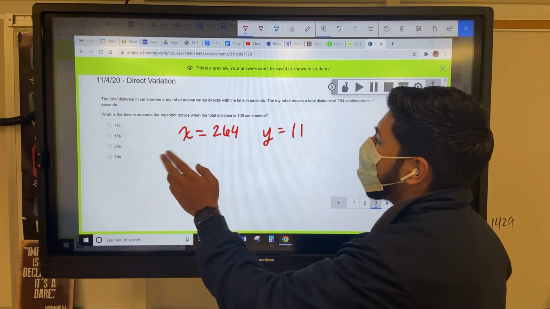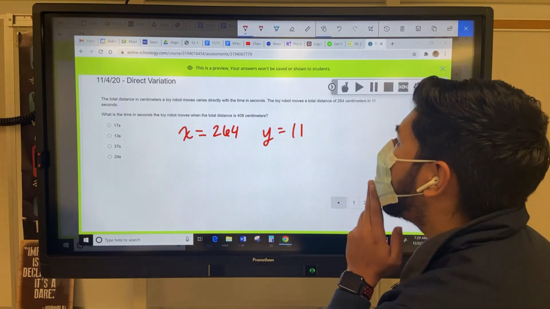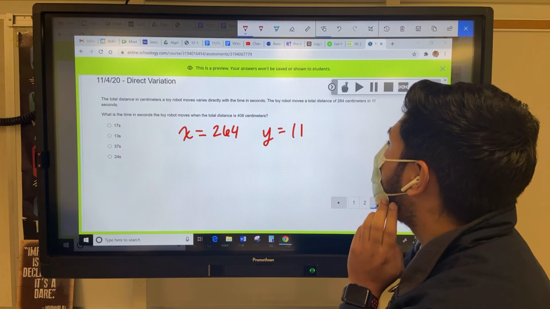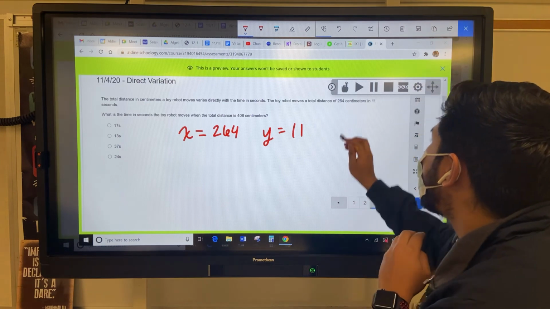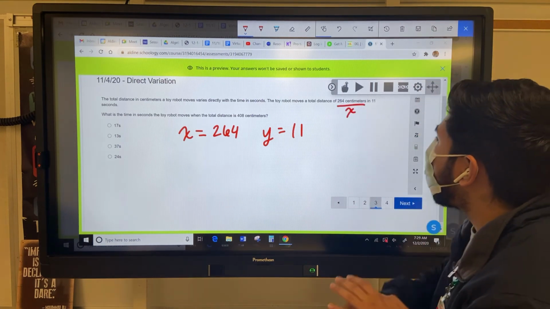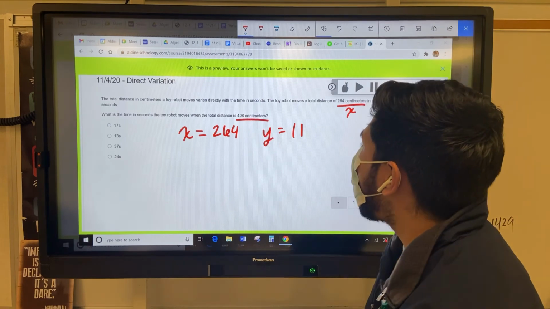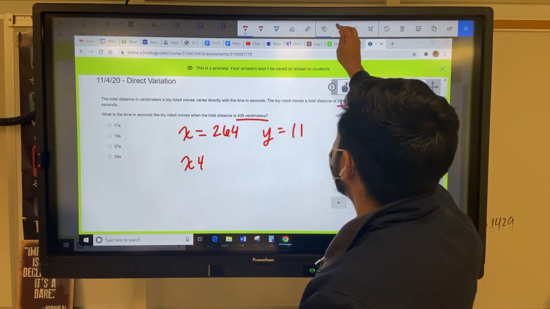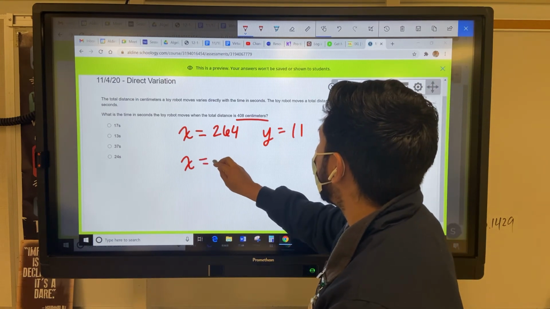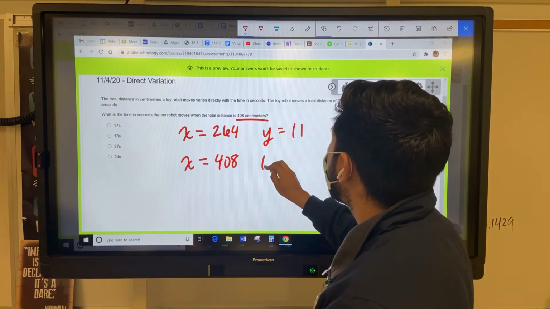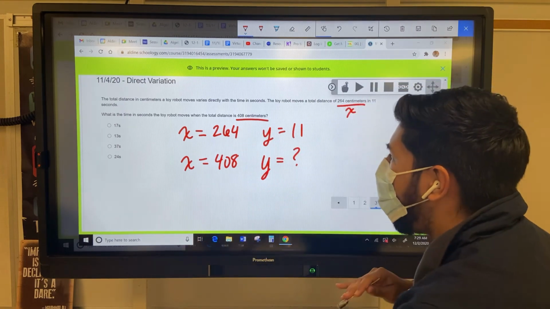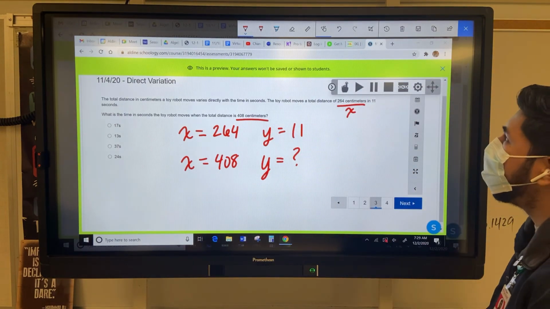And it says, what is the time in seconds that the robot moves a total distance of 408 centimeters. So since centimeters was X, that means 408 centimeters is also X. So we need to look for our Y. So set it up, cross multiply, divide.